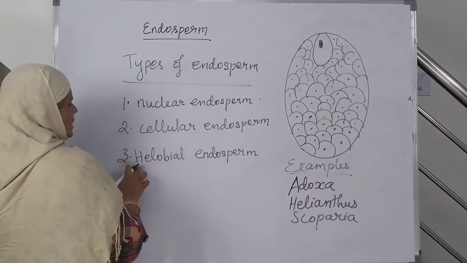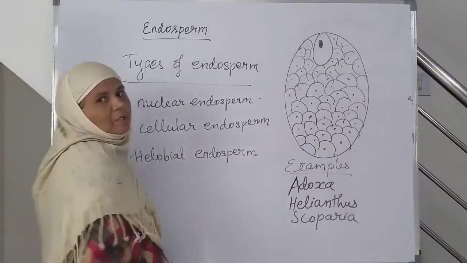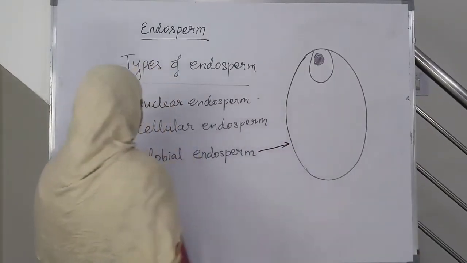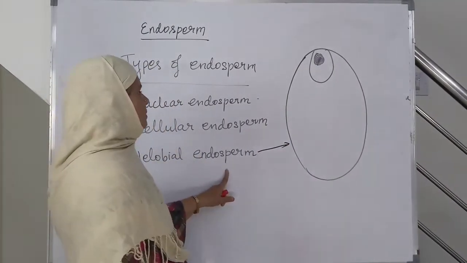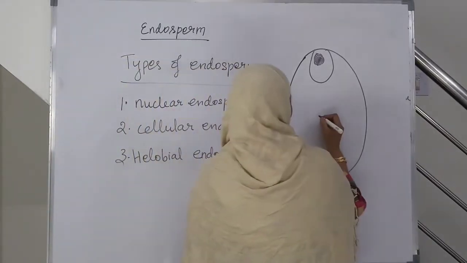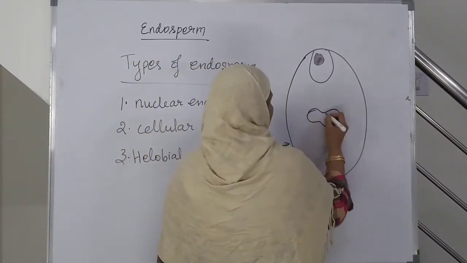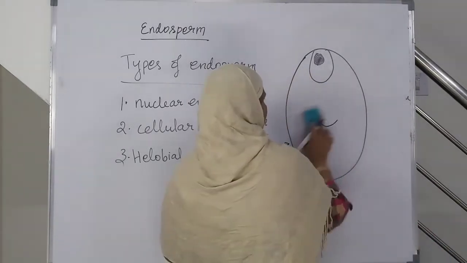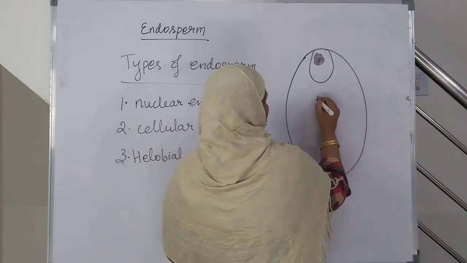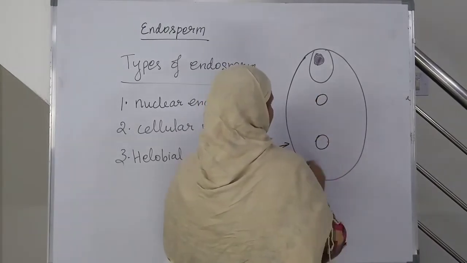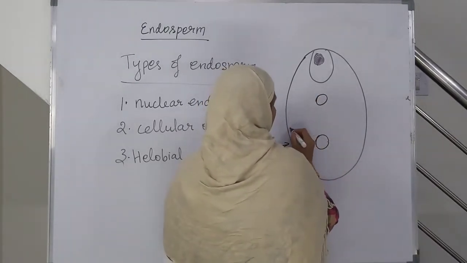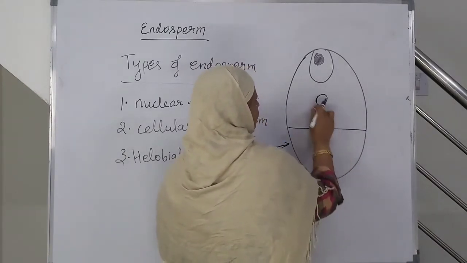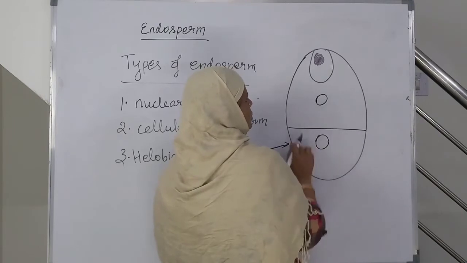Now we are going to see the helobial endosperm. What is meant by helobial endosperm? We will see. In helobial endosperm, the primary endosperm nucleus will start to divide and form two nuclei. Wall formation in between the two nuclei leads to two chambers.